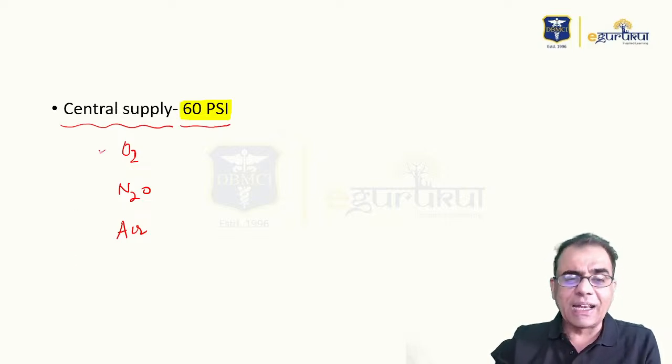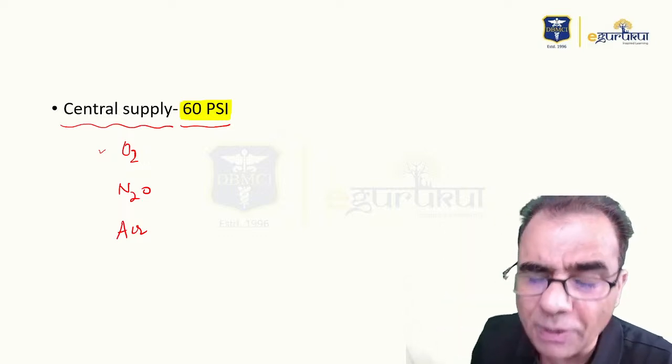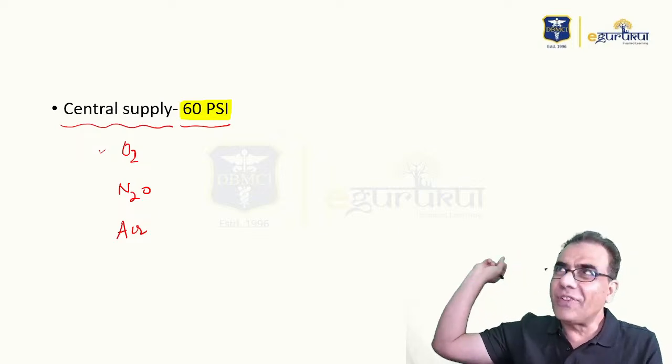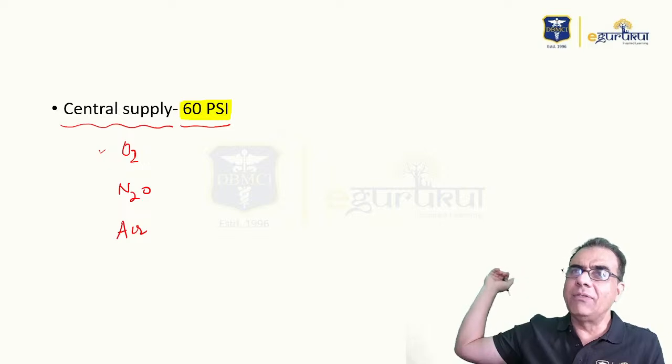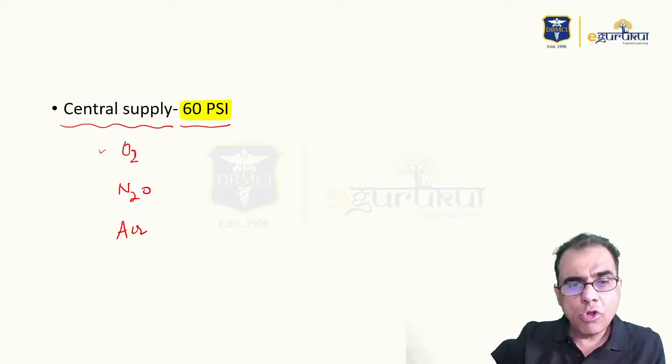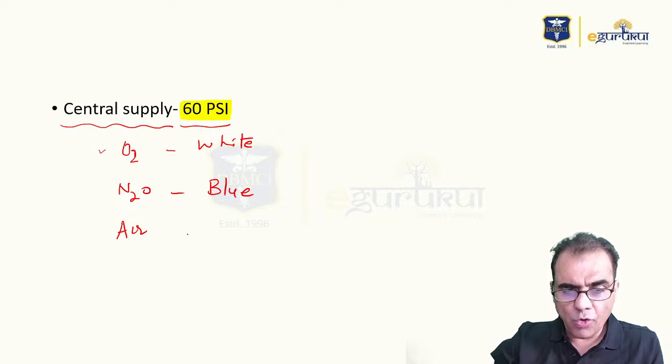Now there is a color coding for these pipes also. If you have seen in your hospitals, you must have seen the different colors of the pipes, even passing through your corridor. Oxygen, the color code is white. Nitrous oxide, the color code is blue. For air, the color code is black.